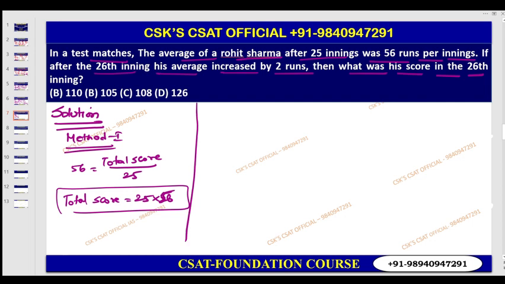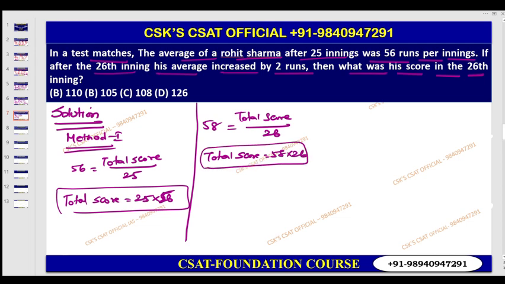You can multiply, or if you are good in simplifications, you can keep it. Next, the 26th innings. The average increases by 2, which means 58 now. So what is the total score here? By 26, cross multiply. The total score here is 58 into 26.